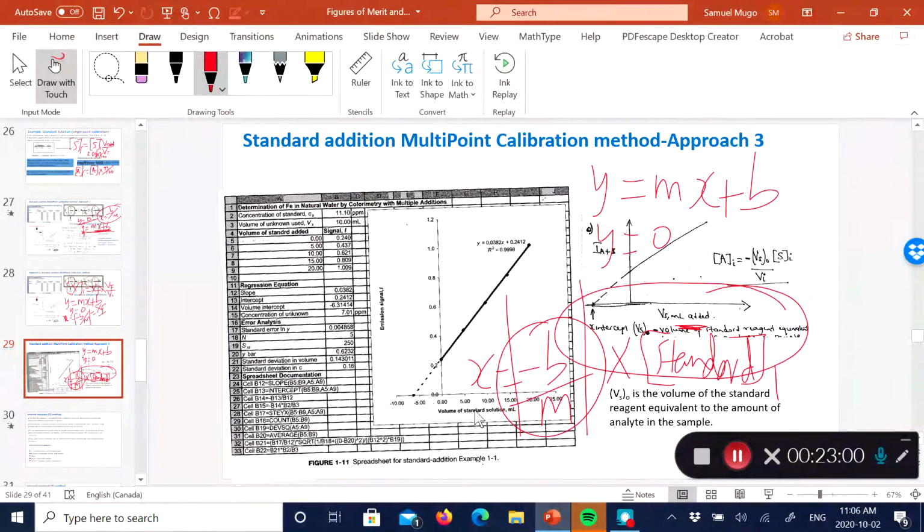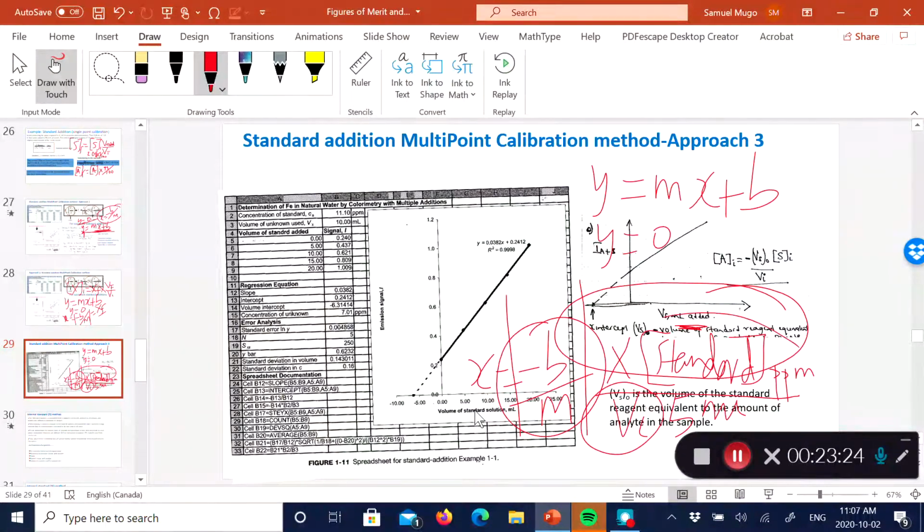Remember, this one is going to be in concentration units, maybe ppm, but then again divided by the volume of the unknown that you added in each of the volumetric flasks. So the volume that you initially added. In the problem I gave before, that volume was 5 mL. So as simple as that.